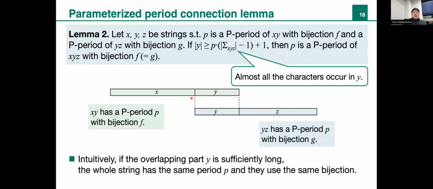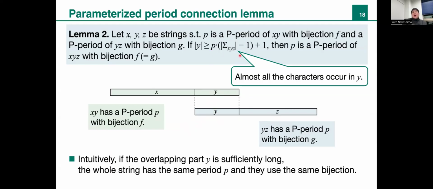This lemma says that there are three strings x, y, z, and there is an overlapping part. xy has a parameterized period P, and yz also has P, with bijections f and g. Intuitively, if the overlapping part y is sufficiently long, the whole string has the same period P, and they use the same bijection.